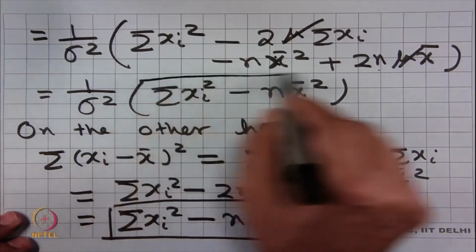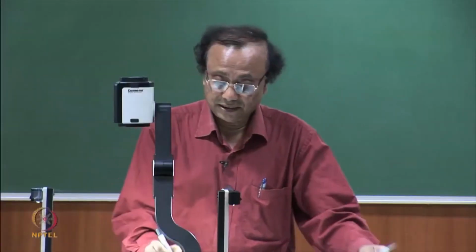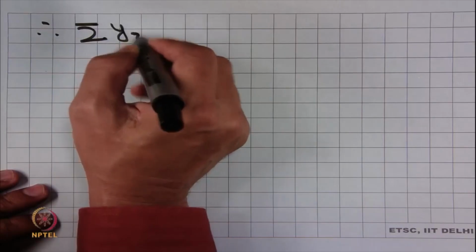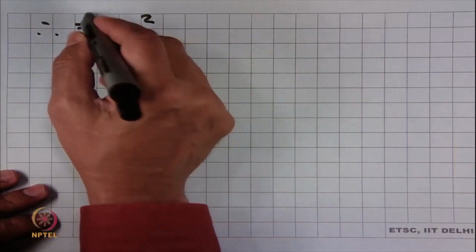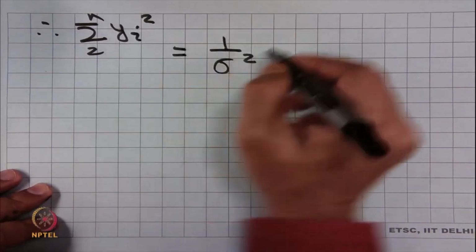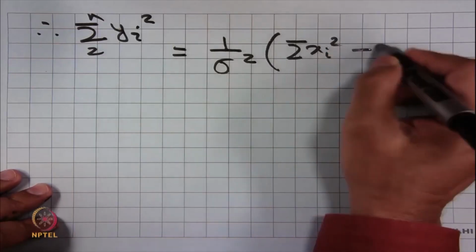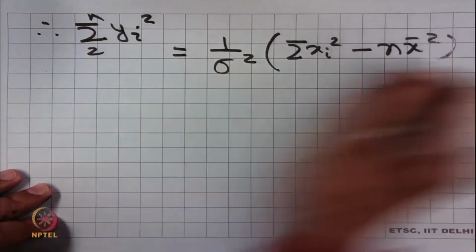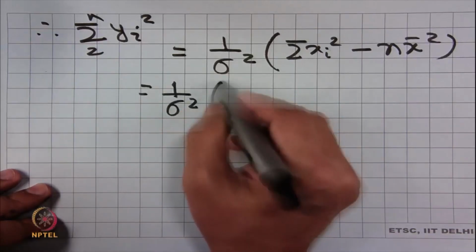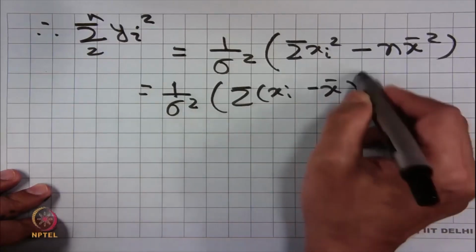So, these two terms are same. Therefore, we can write sigma yi square from 2 to n, which we came out to be 1 by sigma square into sigma xi square minus n times x bar square, is equal to 1 by sigma square into sigma xi minus x bar whole square.